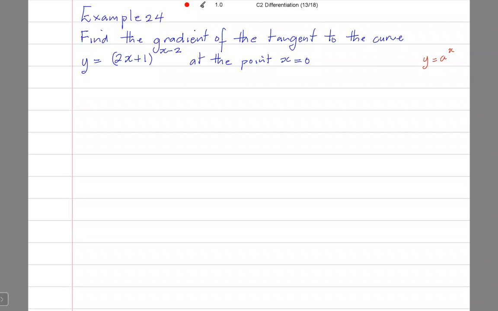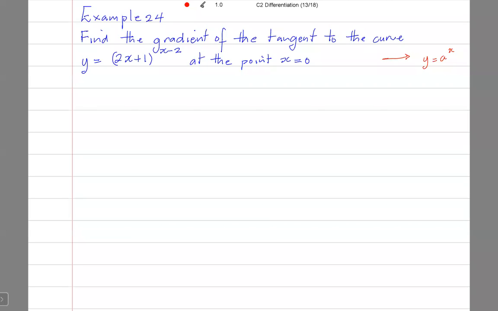All right, example 24 is asking us to find the gradient of the tangent to the curve at the point where x is equal to 0. I told you that the approach is the one you would take when differentiating a function of the form shown on the right.